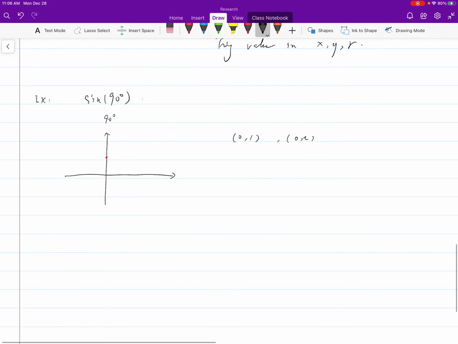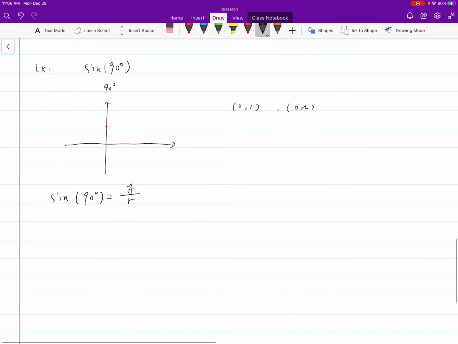After that, you define sine 90 degrees, which is going to be y over r. Now you just need r. Going from (0, 1), r equals the square root of x squared plus y squared, which is 1. So this is going to be 1 over 1, which is 1. So sine 90 degrees is 1.